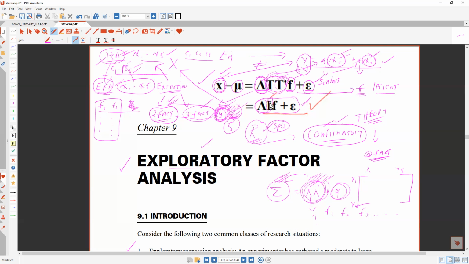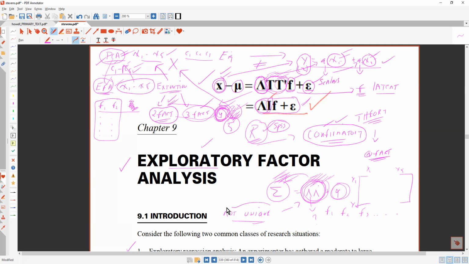So here's the problem with factor analysis. It's subject to a transformation matrix, which means you can produce the same covariance matrix. What that means is that this loading matrix is not unique.